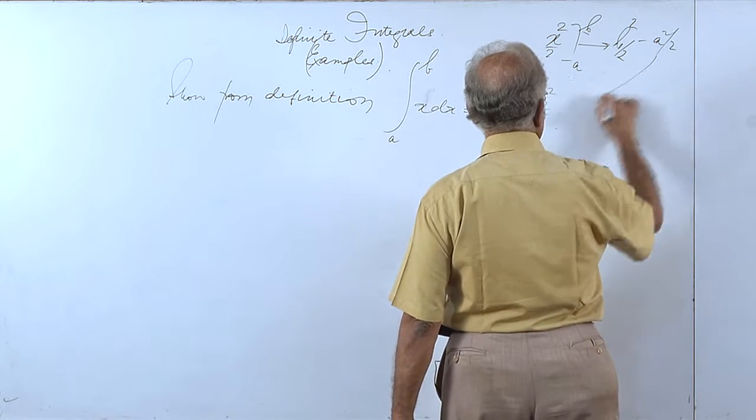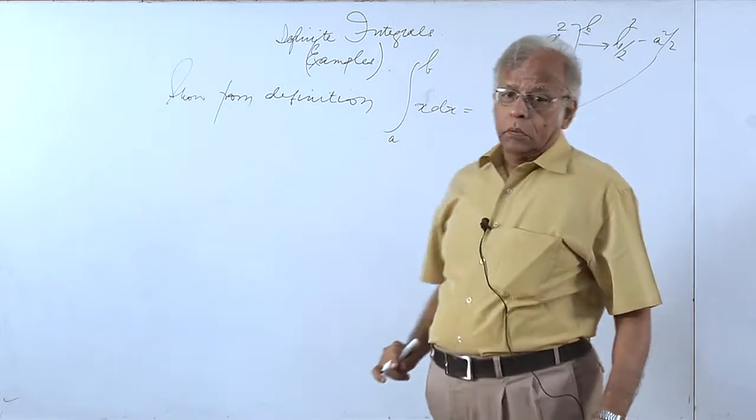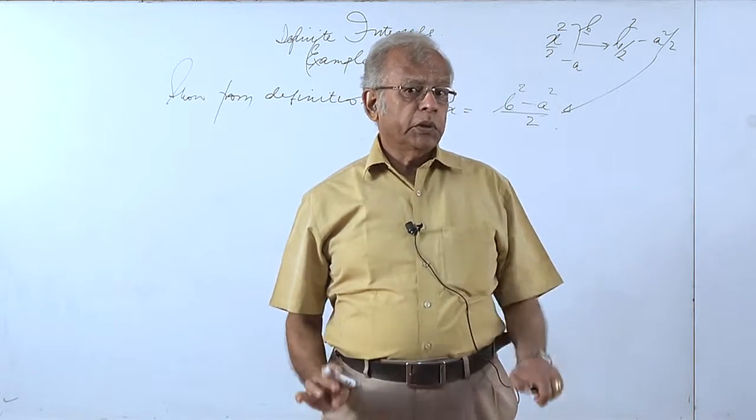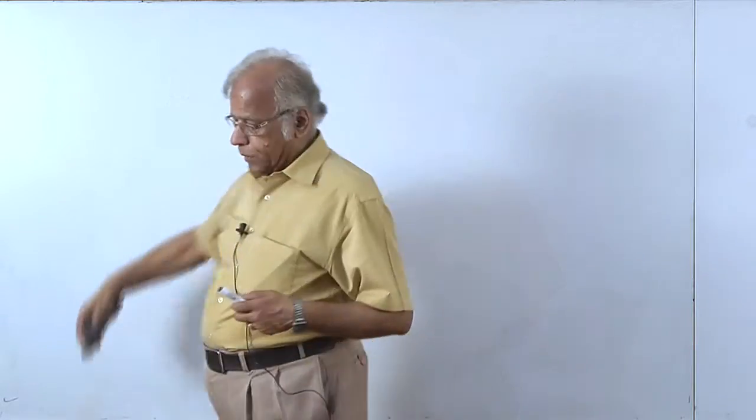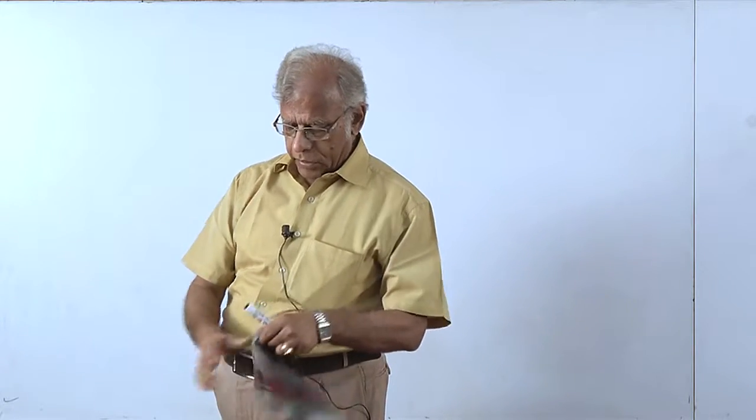So, that is what we are trying to show. Now, we have to establish this by using the definition of a definite integral. This application of the formula has to be followed very carefully.